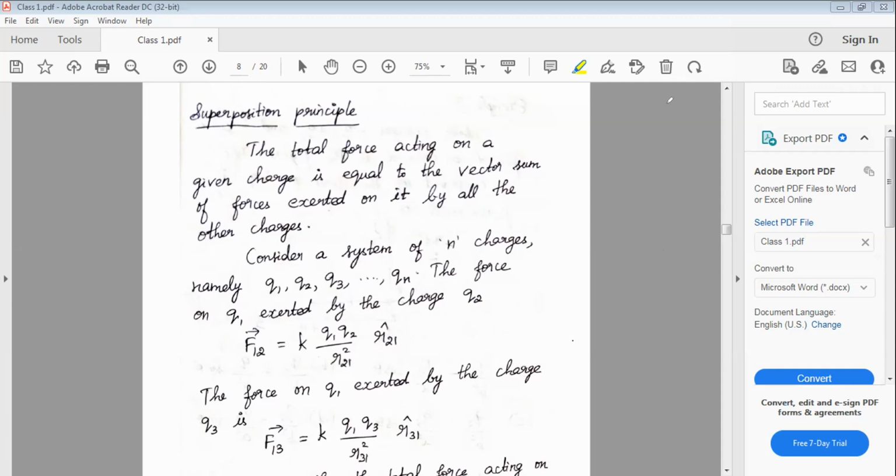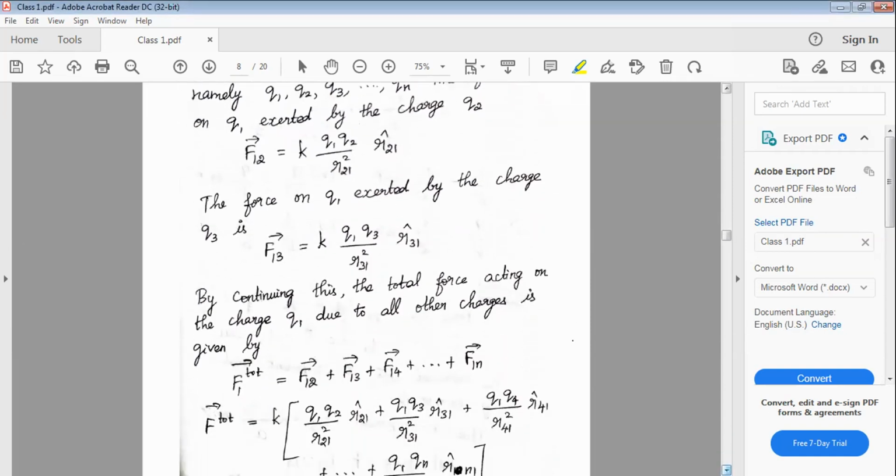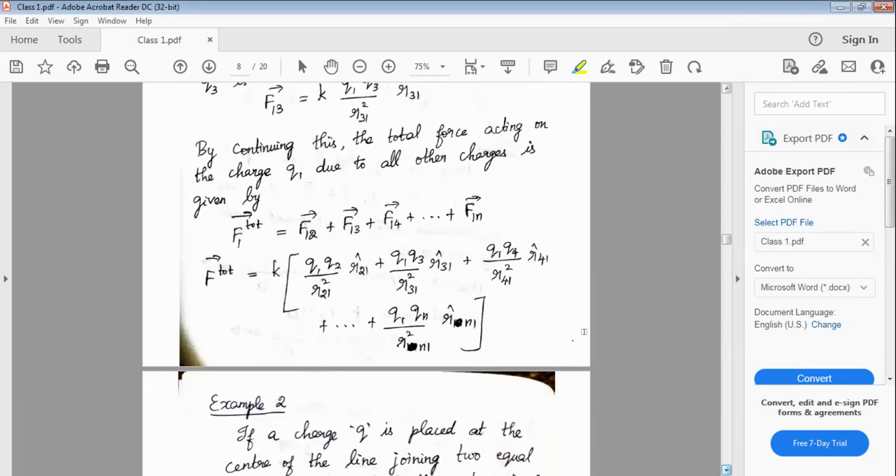So like that, you have to find the force exerted on this charge Q1 by all the other charges, and then you have to go for the vector summation, or the summation of all the forces. The total force exerted on charge Q1 is the summation of the forces due to charge Q2, charge Q3, charge Q4, and up to charge Qn.